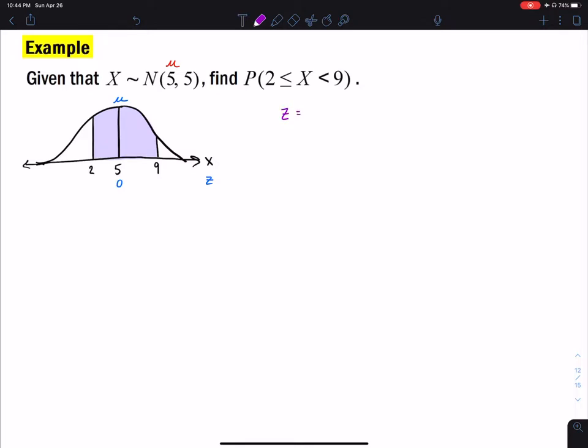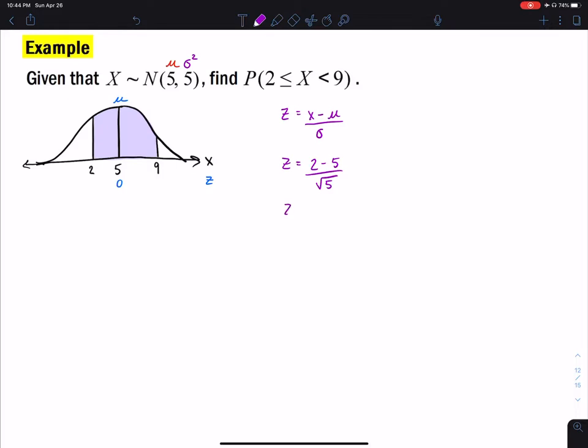Using our formula, z is equal to x minus mu, which is the mean, divided by the standard deviation. So the z-score for 2 would be 2 minus 5, divided by the standard deviation, which is the square root of the variance that's given to us.